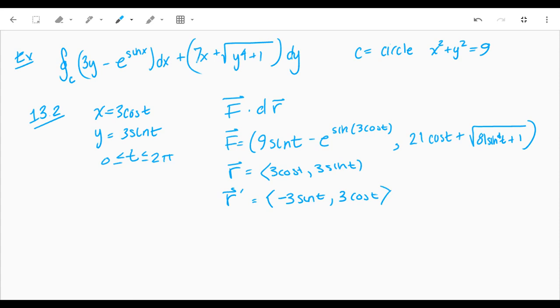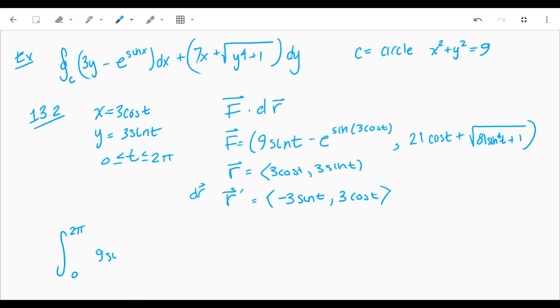Right? So we would have this integral from t is 0 to 2 pi of f dot dr. Oh my goodness, it's going to get messy.